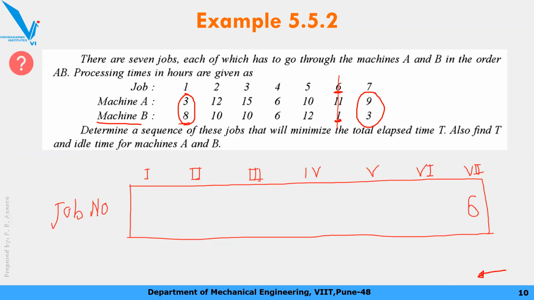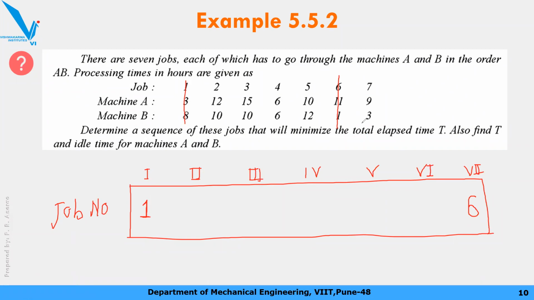Again, try to find out 8 plus 3, 11, 9 plus 3, 12. So this job number 1 is good. So we will assign this on sequence number 1. Your first job will be job number 1.